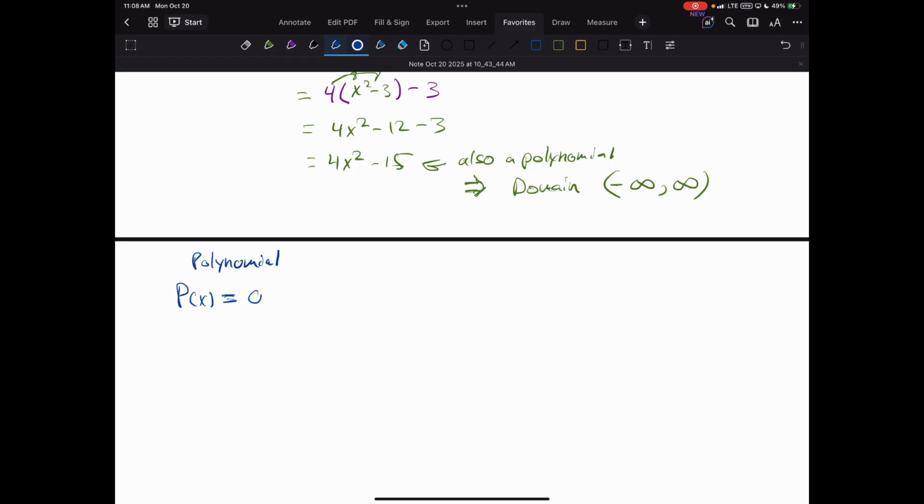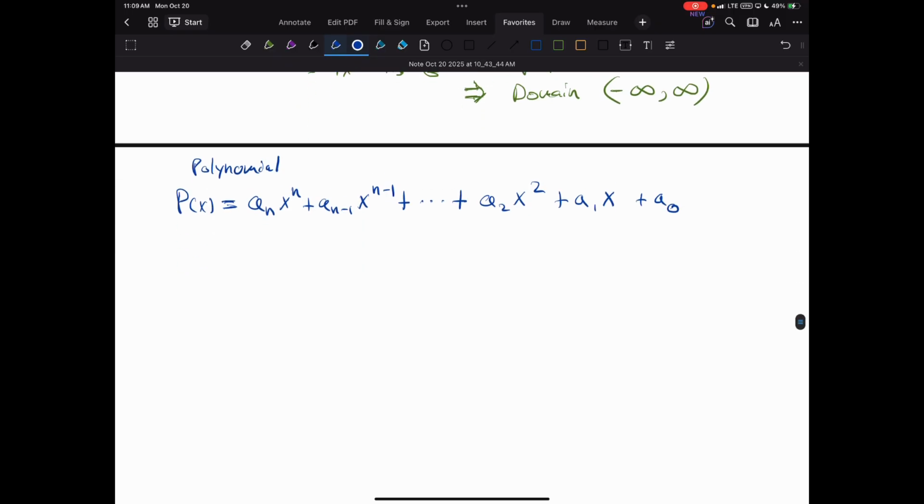So it's going to be a sub n, x to the n, plus a sub n minus 1, x to the n minus 1, plus dot, dot, dot, which means follows that pattern, a sub 2, x squared, a sub 1, x to the 1, a sub 0. You can kind of think x to the 0, but x to the 0 is 1, and 1 times a sub 0 is a sub 0, and so we don't write any of that.